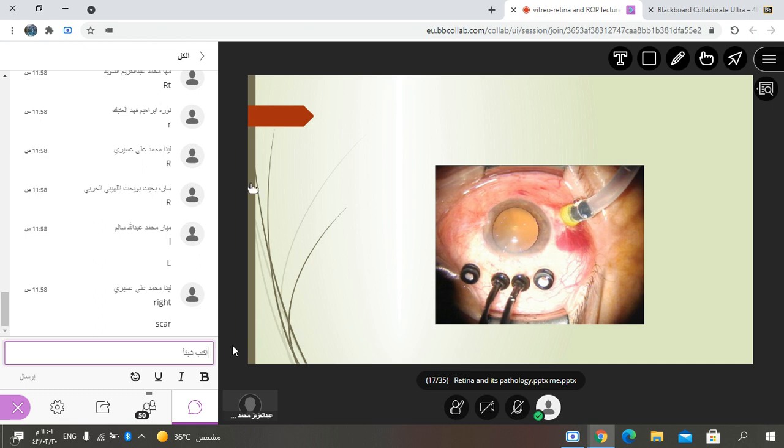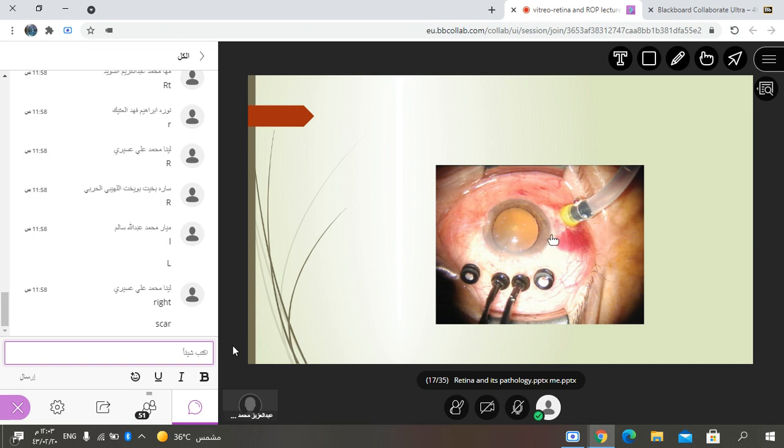What is pars plana? Why is it pars plana? We mentioned at the start of this lecture the ciliary body, whose location is around 2 millimeters from the limbus. The limbus is a very important surgical, anatomical, structural landmark in the eye. We depend on it in surgery.